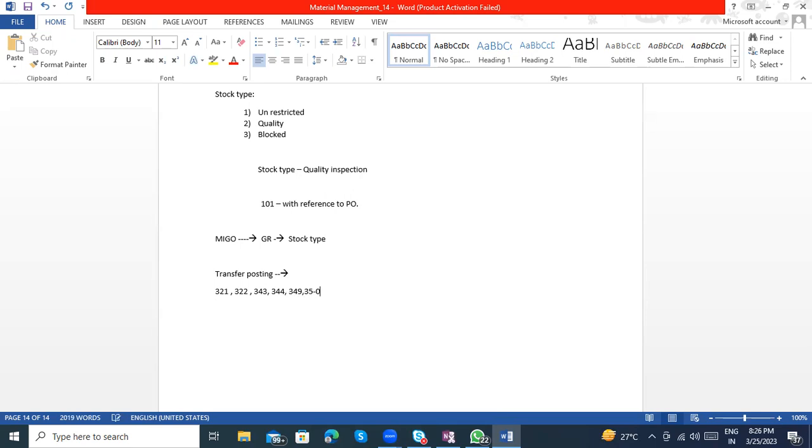These are the movement types we use for unrestricted to quality, quality to blocked. So there are three, right? Unrestricted to quality, quality to unrestricted, quality to blocked, blocked to quality, blocked to unrestricted, unrestricted to blocked. In total, six. So those six movements will come here. These are the movement types here.